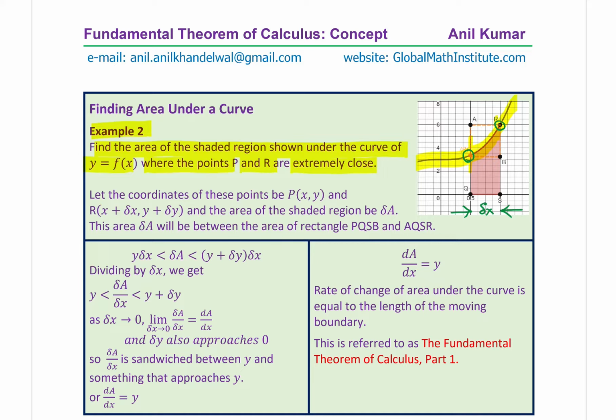Now, if they are very close, well, the y values will be, let's say, delta y difference, and this is x and y. So we're taking this point P as (x, y), right? So okay, we have written here. So let the coordinates of these points be, P coordinates is (x, y), and the R coordinates be (x plus delta x, y plus delta y).